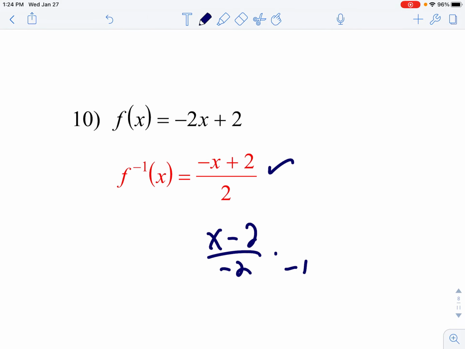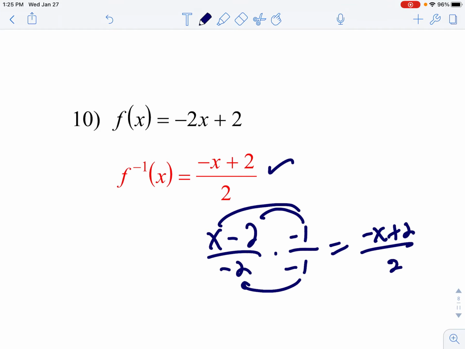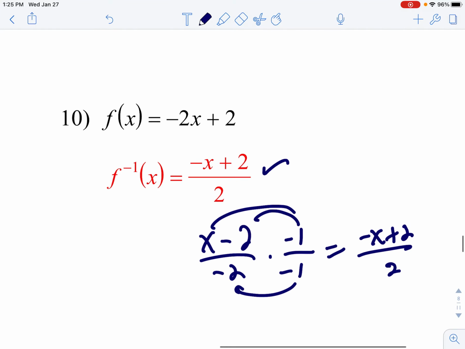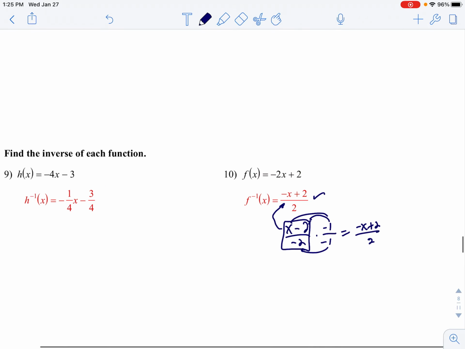They multiplied by negative 1 over negative 1. Distribute, again, negative x plus 2. Multiply here over positive 2. So if you get an answer that seems right in your head and it looks close, but the negatives and positives are just a little different, that's probably what's going to happen.